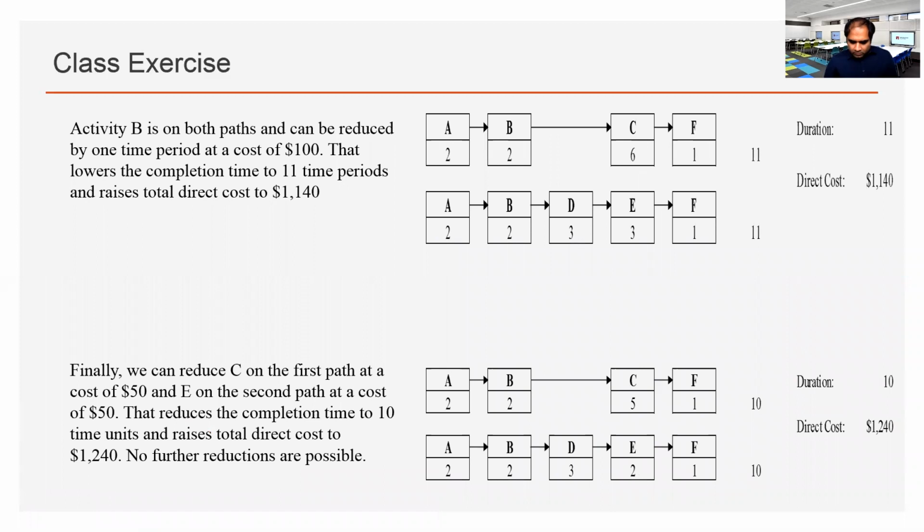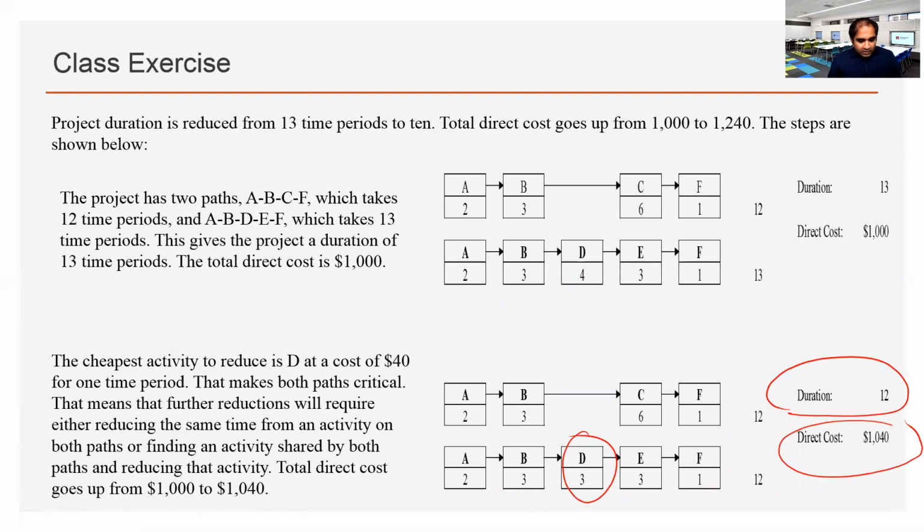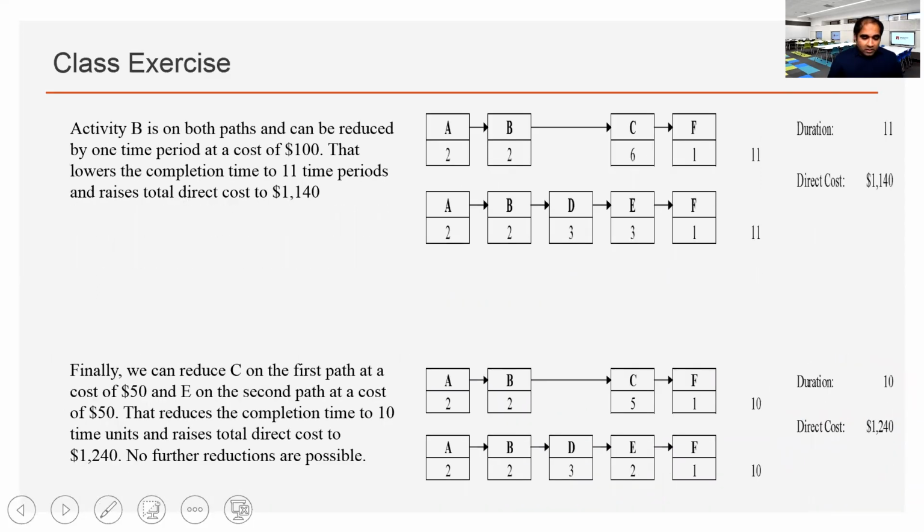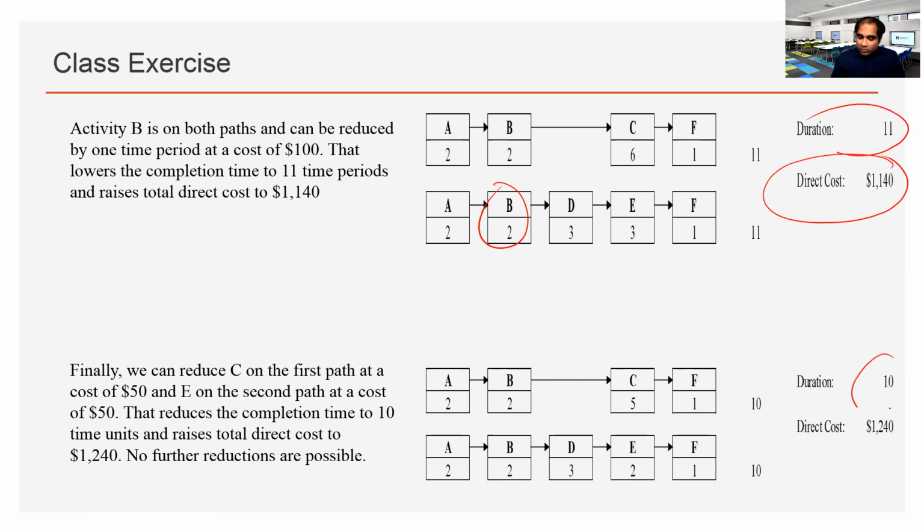All right, so now from here, next, we have either B or C and E, both options. So if we crash B, that will be 11 days, additional 100. Again, from here, if we want to reduce by 1 day more, both C and E should be crashed.